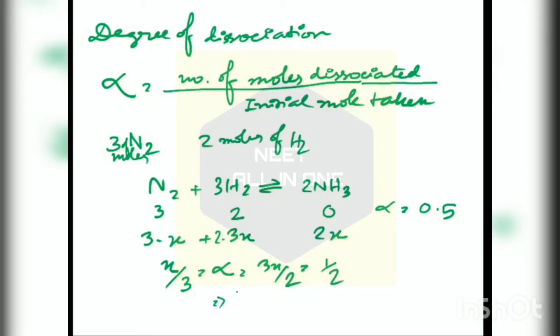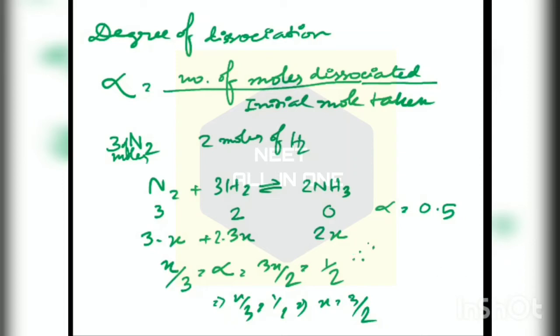So the value of x will come as 3 by 2. If we subtract it from 3, we can get the moles of N2 after the reaction, and also get it for 3H2 and 2NH3.